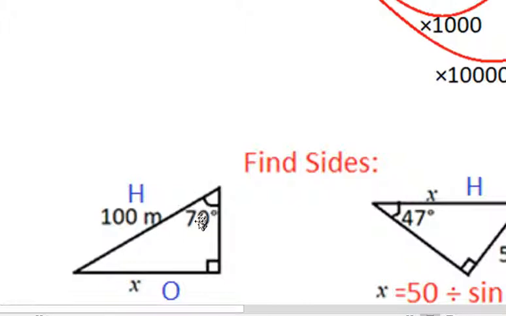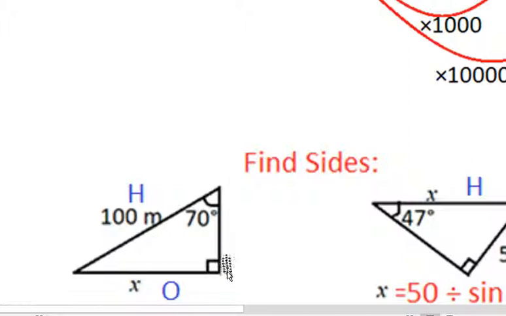Next we've got to label O. You look at the angle that's given, and you go as far away as possible from that angle to the other side, which is opposite. If it's got an X or a letter or a number, it doesn't matter which, you put an O there because it's opposite 70 degrees. Now the final side over here is in fact A, for adjacent, but we leave it blank because there's no letter and no number on this side.